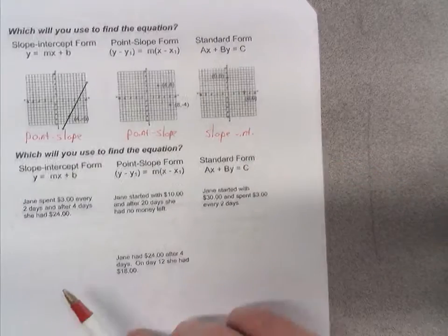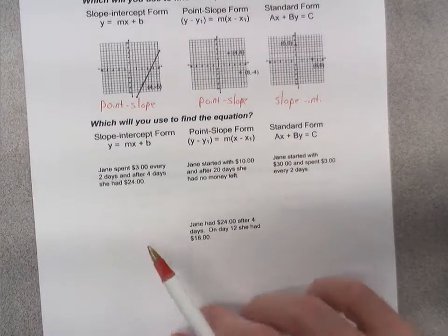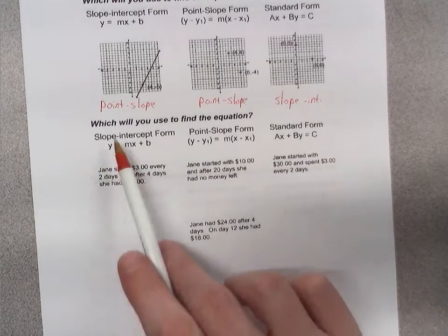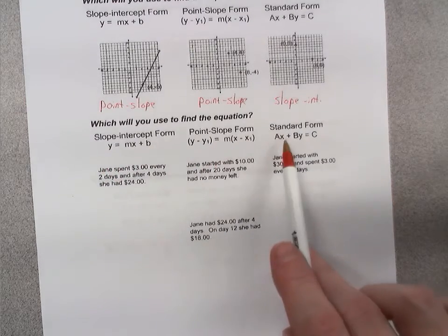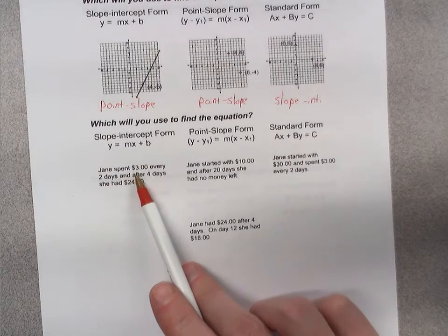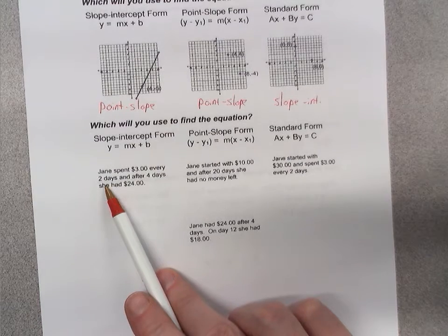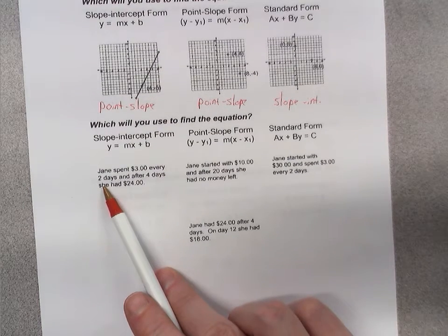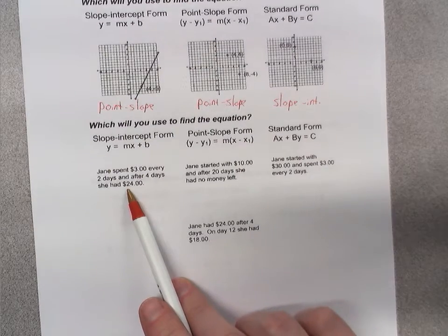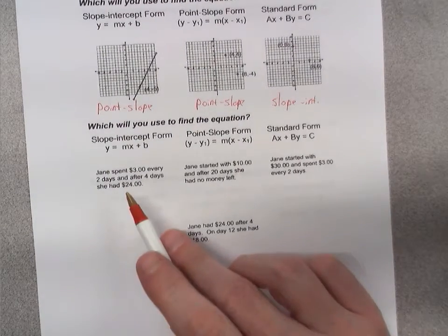Okay. So now let's do some practical examples here. We have, again, our three choices: slope-intercept form, point-slope form, or standard form. Example number one says Jane spent $3 every 2 days, and after 4 days, she had $24. So let's look at what we know here.